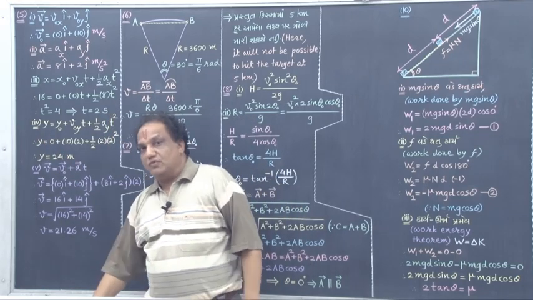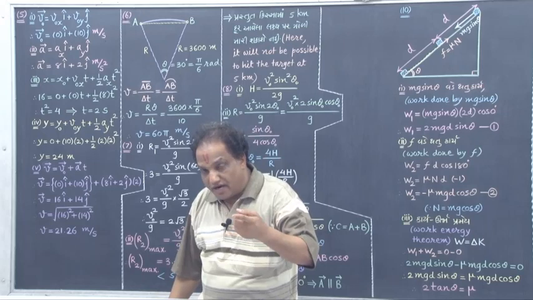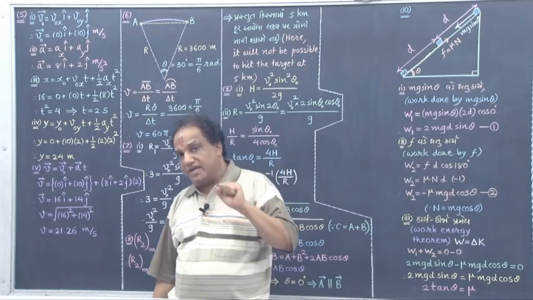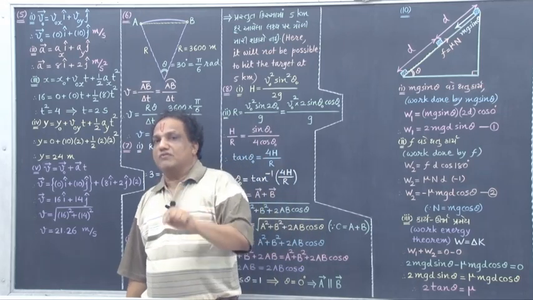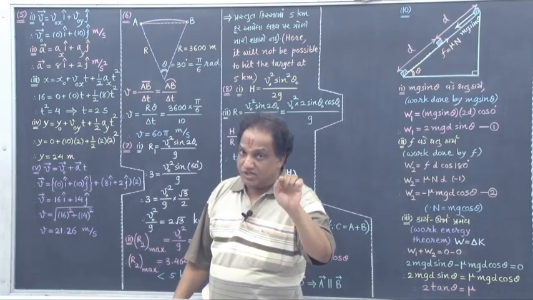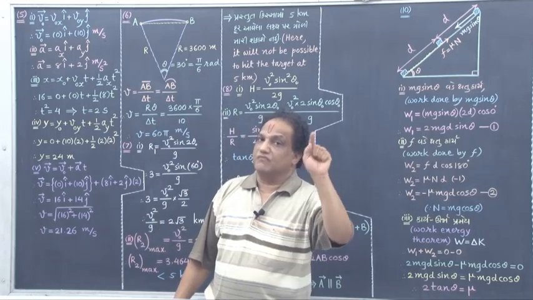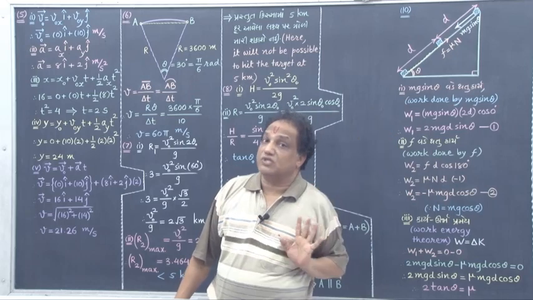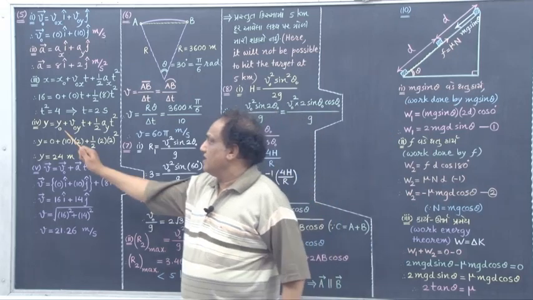Then similarly, you can recall the formula of the y coordinate of the same particle at time t. It will be y equals y0 plus v0y into t plus 1 by 2 ay into t square. Same formula I have written here.